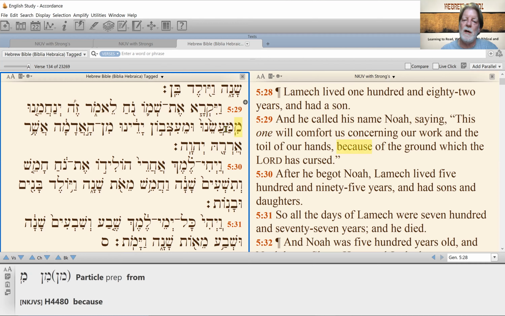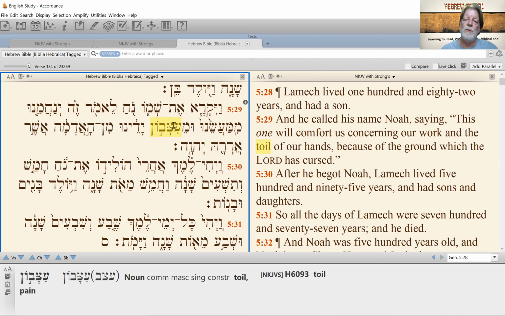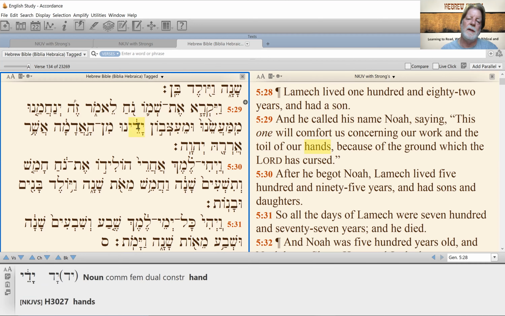Mima'asenu, from the work of us. The nu ending is us. And me'itzvon. Itzvon is kind of like work, ma'aseh, only it's hurtful work, I guess. The toil is the way it comes across in English. And from the toil, yadenu. Yad is hand.